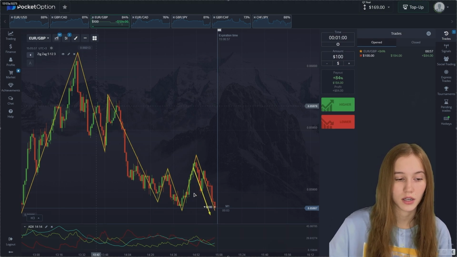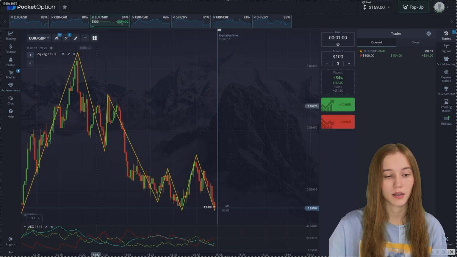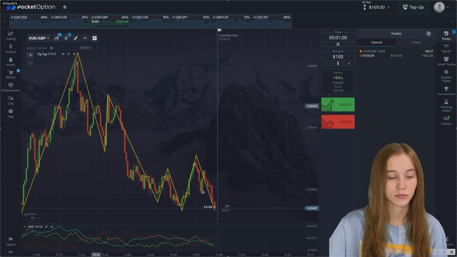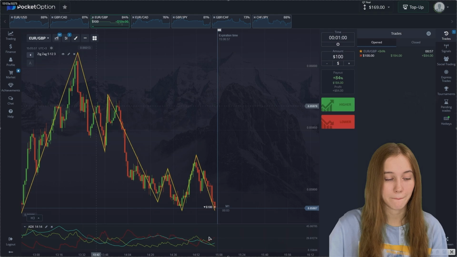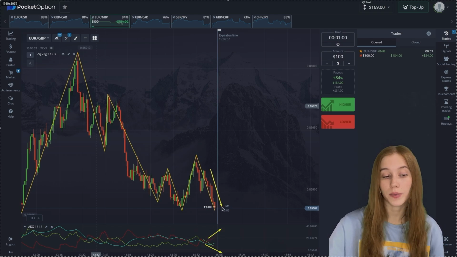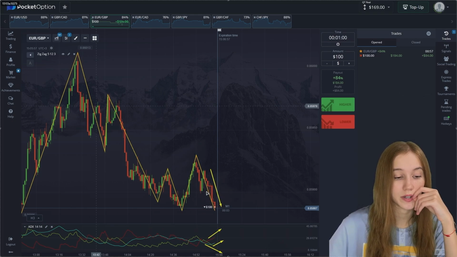Down. So it's a down trade. What we see from the indicator by ADX, yeah, it's decreasing, so the intensity is growing. The chart is going down.